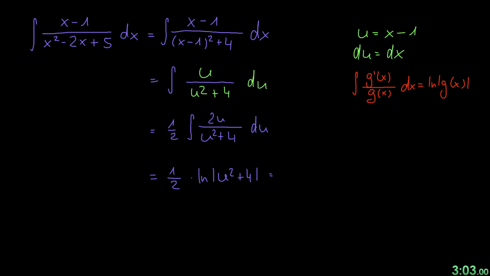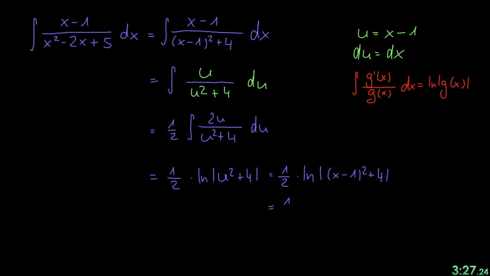Now I have to do my resubstitution, which means I put x minus 1 back into u, and I get 1 over 2 times the natural log of x minus 1 squared plus 4.